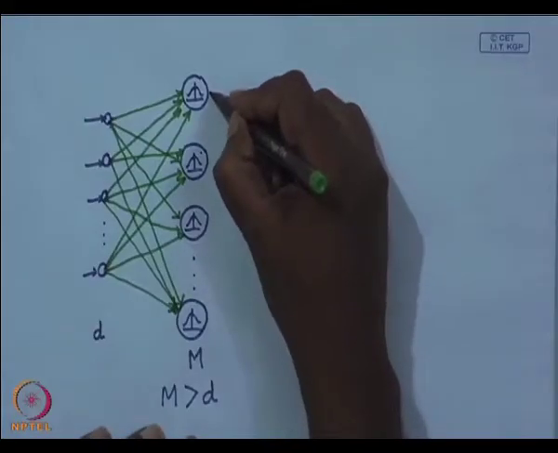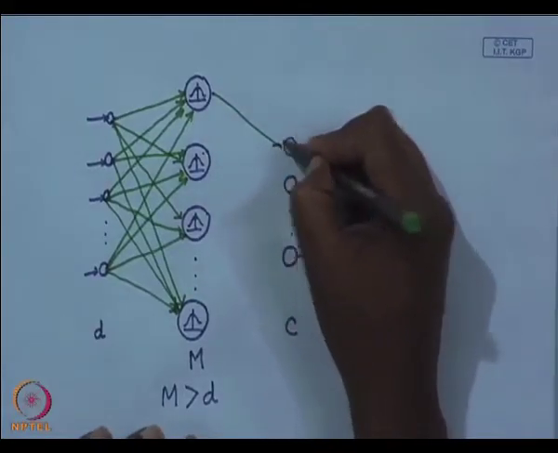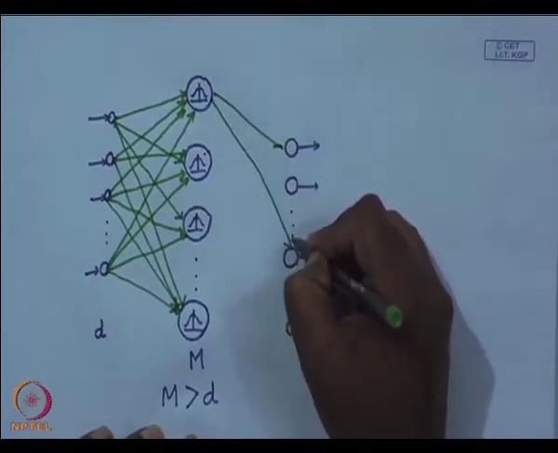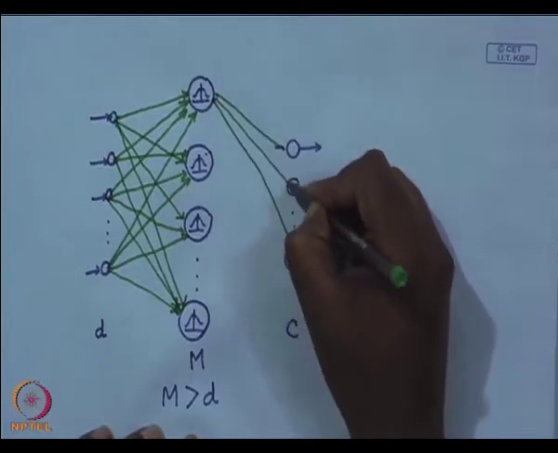That is a difference with the connections from the hidden layer to the output layer nodes, because every output layer node computes a linear combination of the outputs of the hidden layer nodes. So, the connections from the hidden layer nodes to the output layer nodes are something like this.